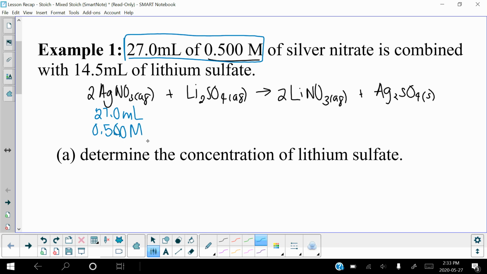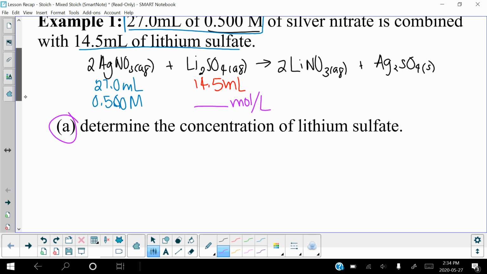And then we also have some other information here. Lithium sulfate, we have 14.5 milliliters. For the first part, I will work in pink. We are looking for concentration, so moles per liter of lithium sulfate.